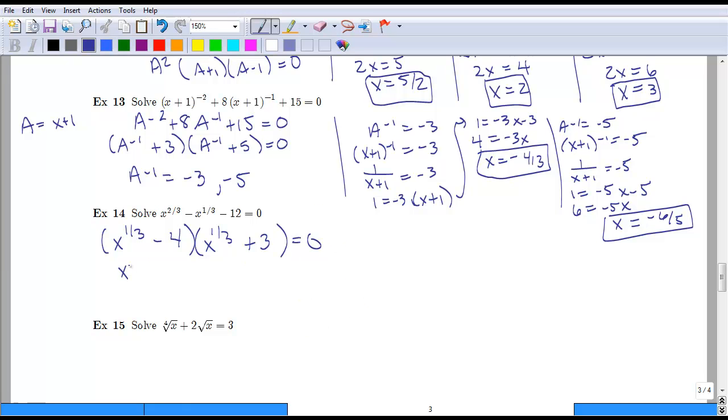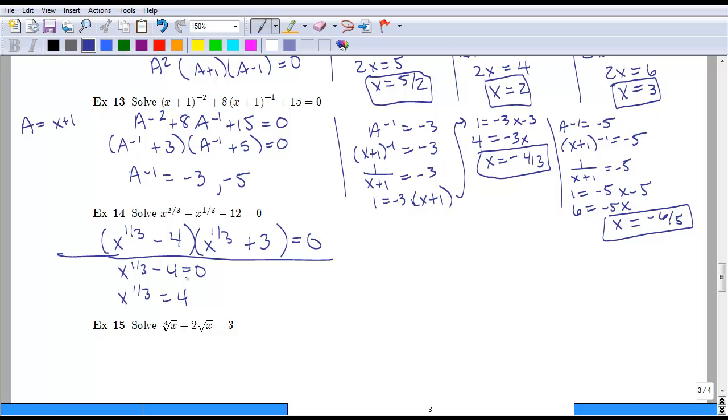So, for instance, this first one, I'm going to have x to the 1/3 minus 4 equal to 0. So I'll add that 4 to the other side. And how do we get rid of a 1/3 power? Think about this for a second. We did this in section 8.2.